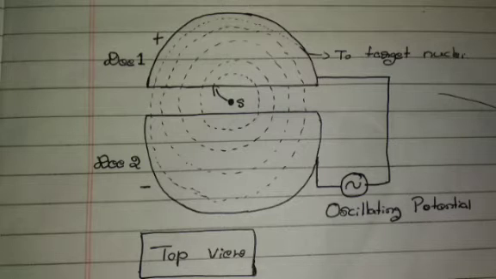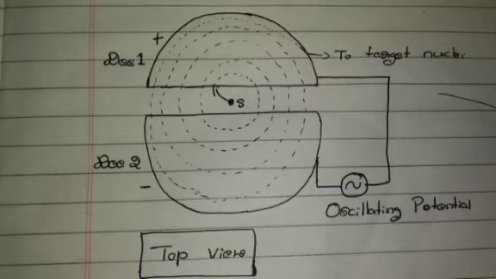What is the need of these fields in the working of the cyclotron? This cyclotron is an accelerator device. The particles which are accelerated here are charged particles. When we apply the electric field to the charged particle, we can accelerate that charged particle.